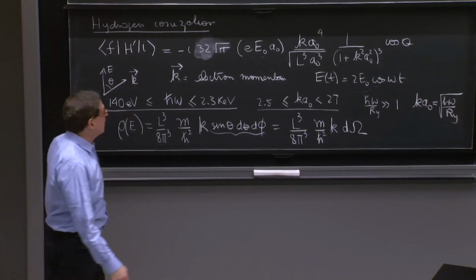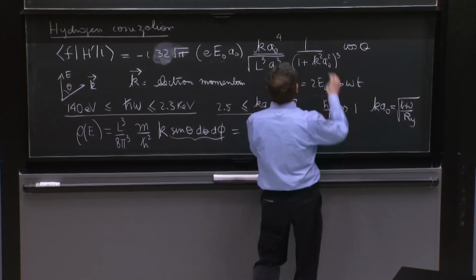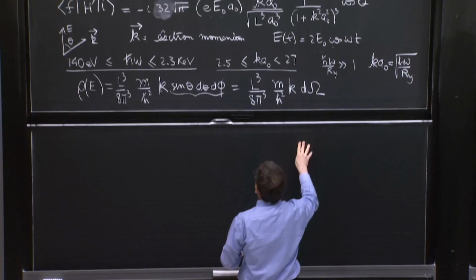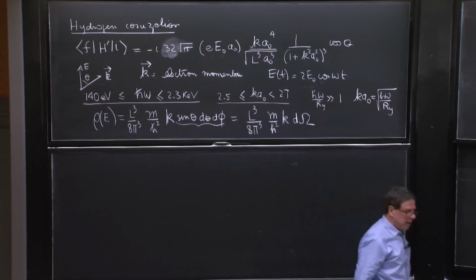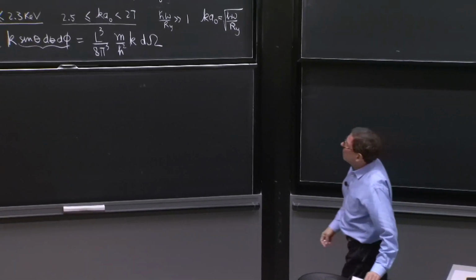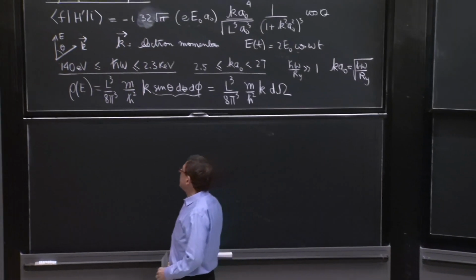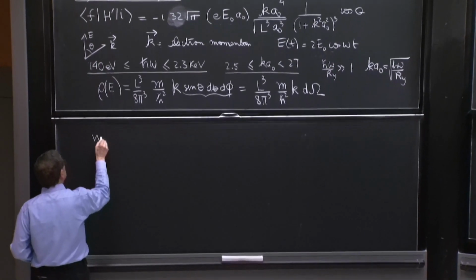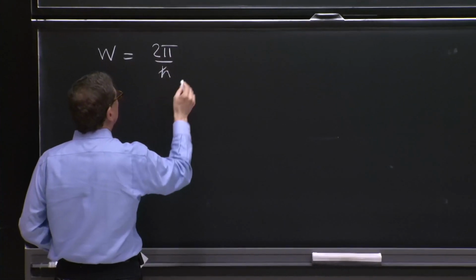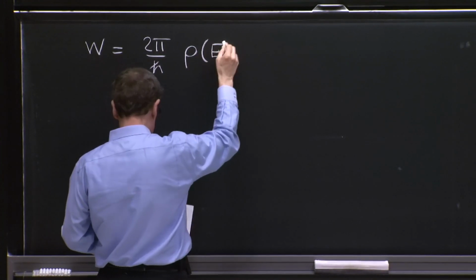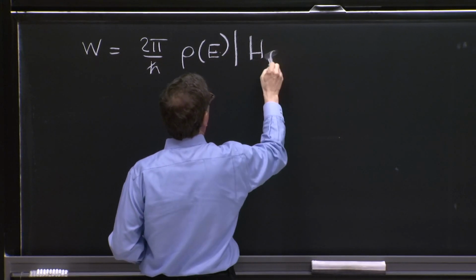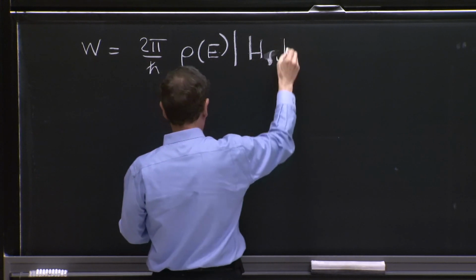So this is basically where we stood, and at this moment, I want to complete the discussion and get a simple expression for the rate. If you remember, Fermi's golden rule expresses a rate omega as 2 pi over h bar, rho at E, times the matrix element H_fi squared.